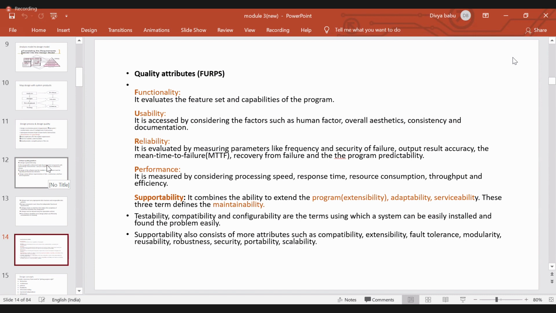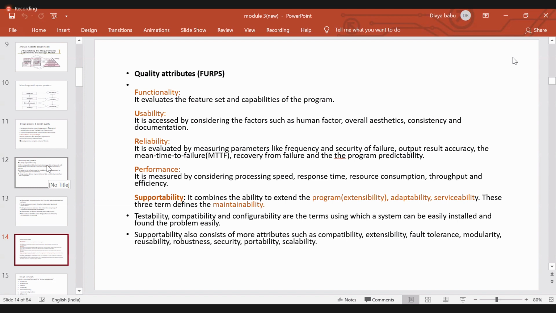When it comes to performance, processing speed, resource consumption, throughput, efficiency all come under performance. Supportability means extensibility is one thing. Adaptability and serviceability come under support. Supportability is mainly maintenance: once you completed your work, you hand it over and need to maintain it for a period of time.